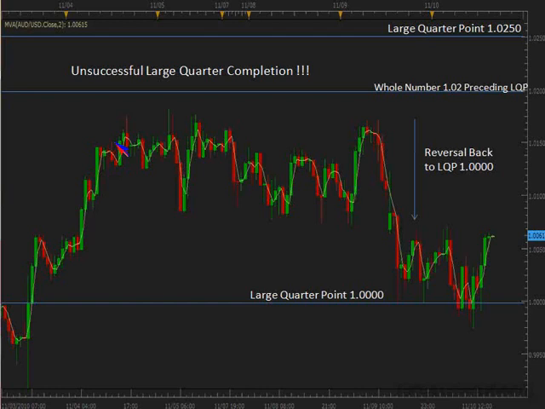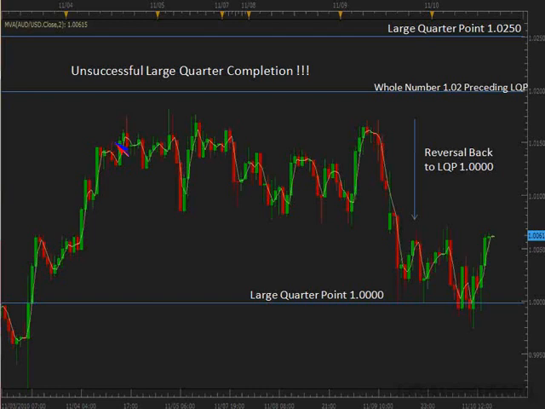into the large quarter. But as I already mentioned earlier, just because prices work on a large quarter decisively, and they do enter a large quarter decisively, that doesn't mean that a large quarter will be successfully completed. So we always have to be on the lookout for signs of weakness and potential exhaustion that could signal unsuccessful completion of a large quarter.